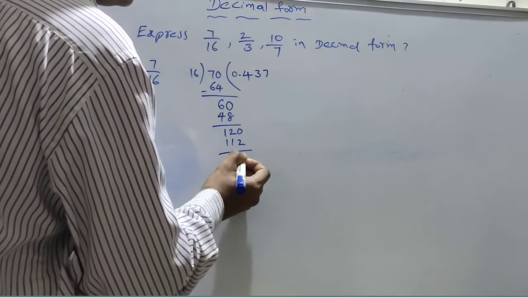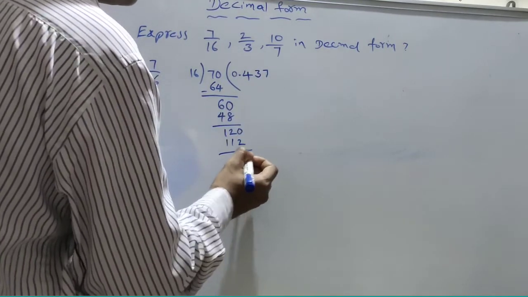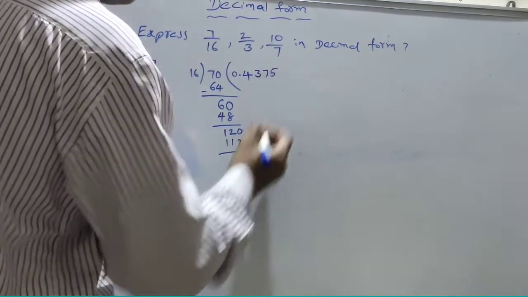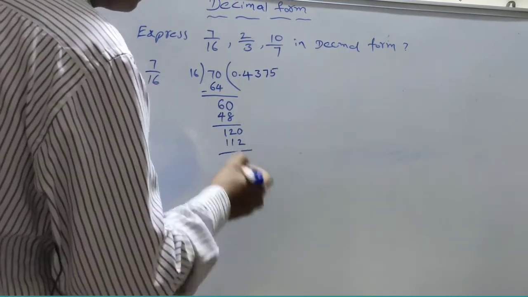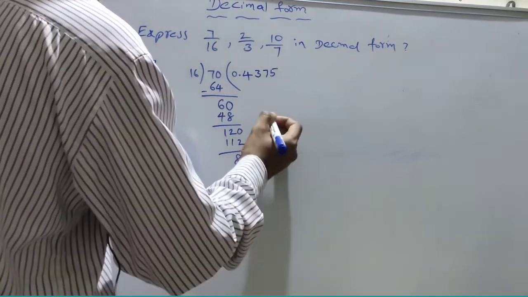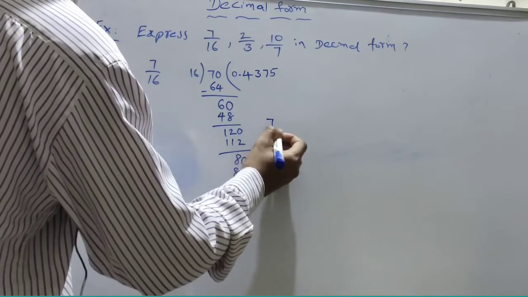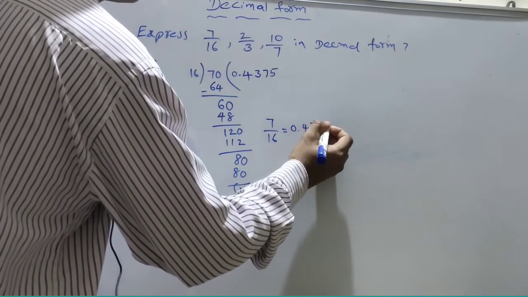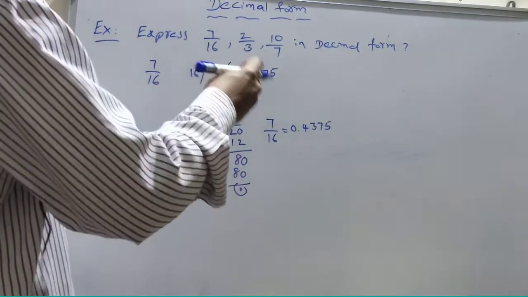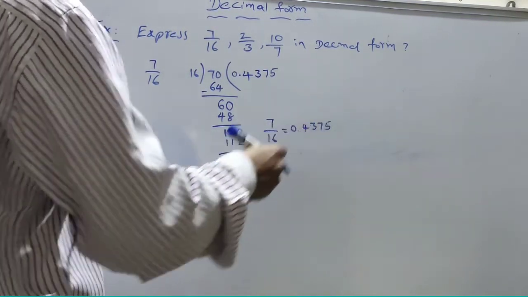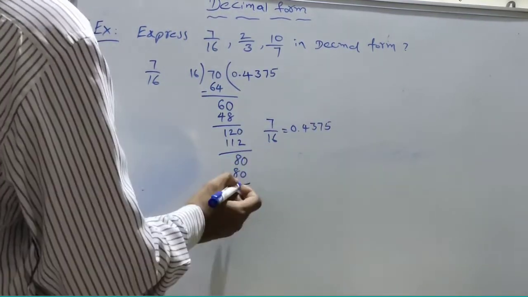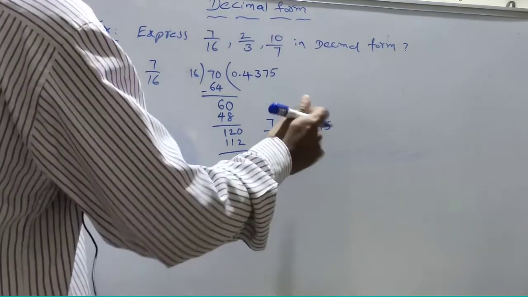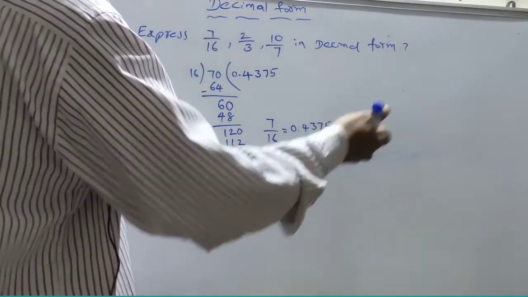After minus we get 8, point is already there, 0, that is 16 5s are 80. So like that you get 7 by 16 is equal to 0.4375. That means after some decimal places we got 0 as remainder.